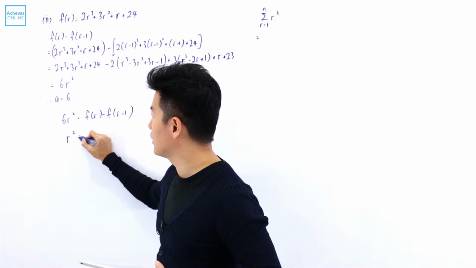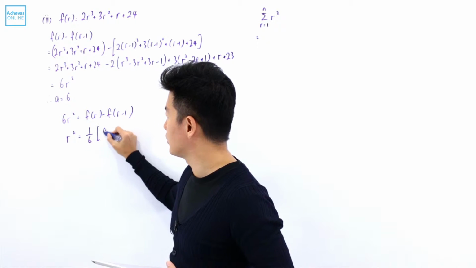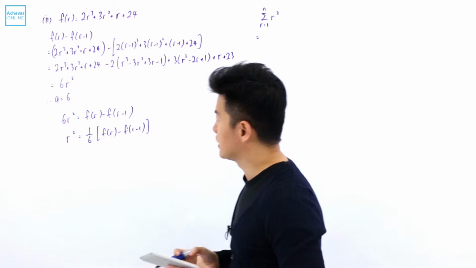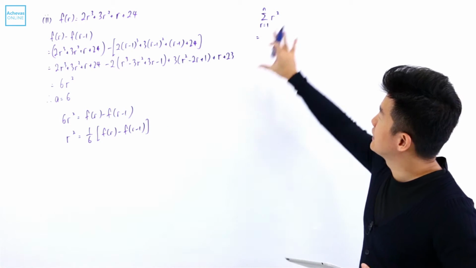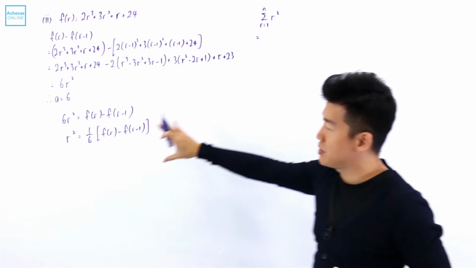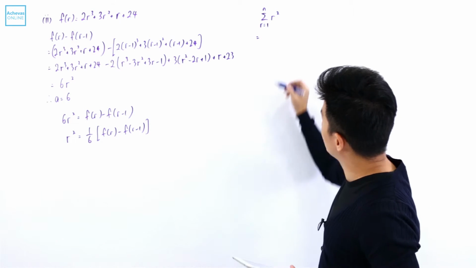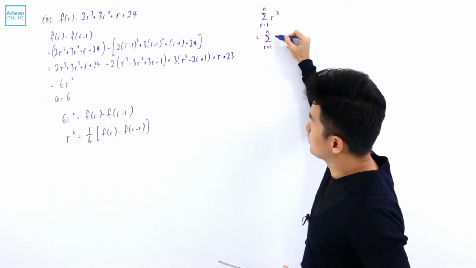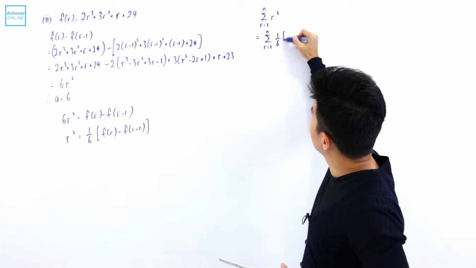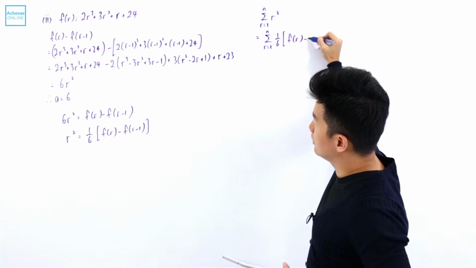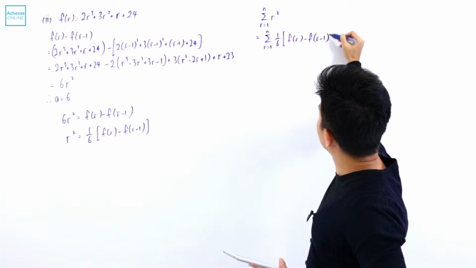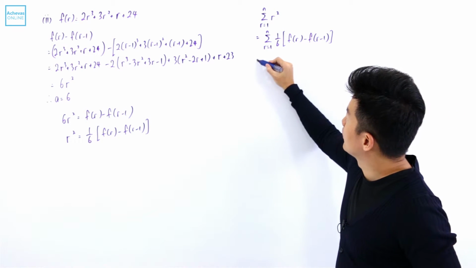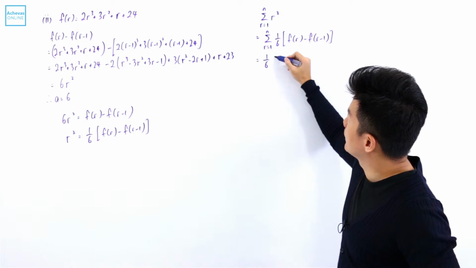This tells me that r squared is 1 over 6 of f(r) minus f(r minus 1). I'm going to substitute and replace r squared by 1 over 6 of that. So this will become the summation from r equals 1 to n of 1 over 6 of f(r) minus f(r minus 1). With this, 1 over 6 I can factorize out.